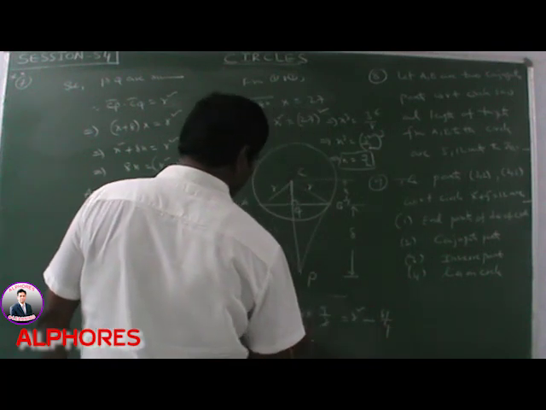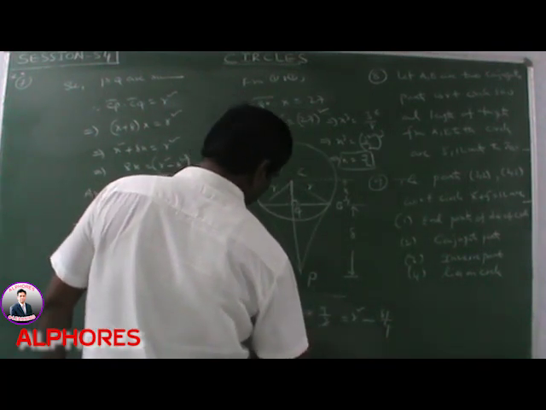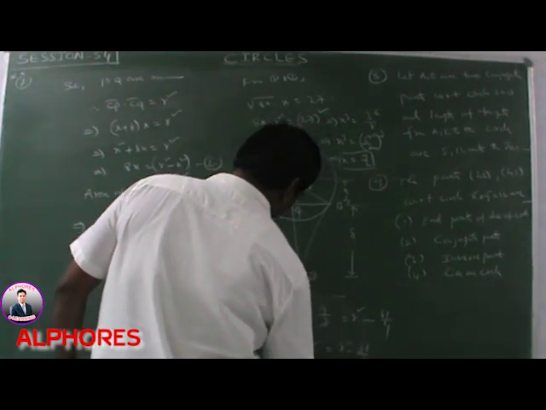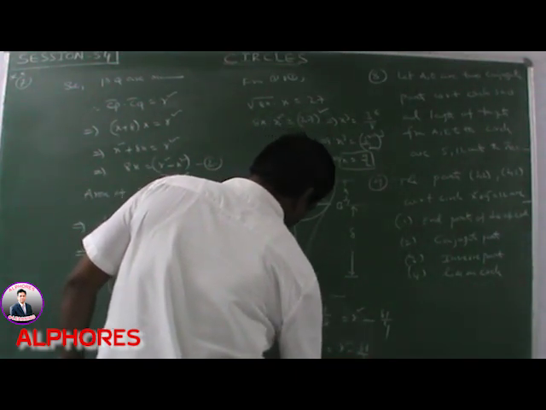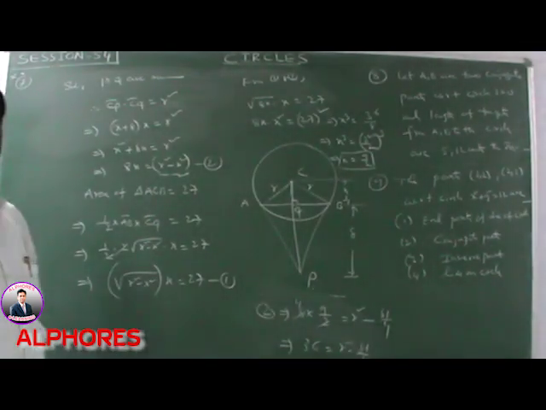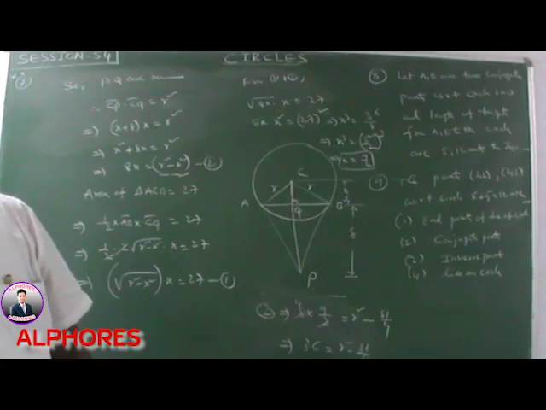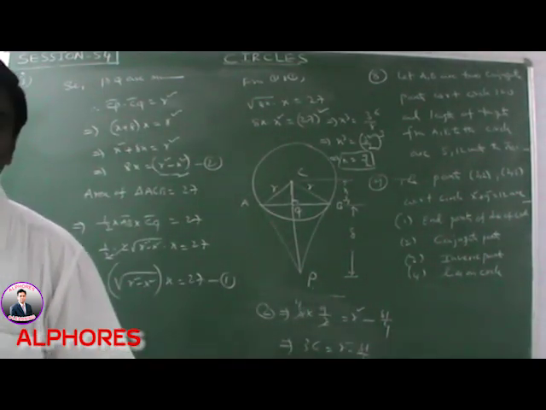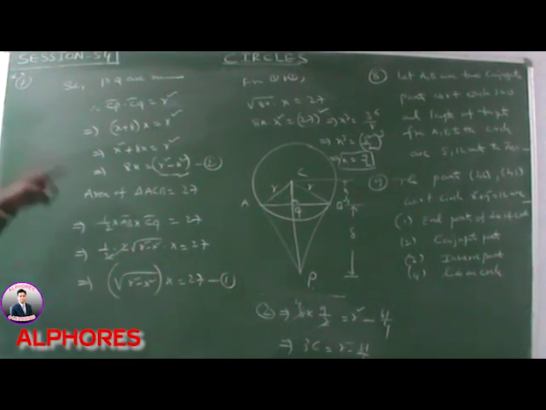Here in this case cancelled 4 times, 36 is equal to r square minus 81 by 4. r square is equal to 36 plus 81 by 4. Find the value of r. Here the required value is diameter. Therefore diameter is equal to 2r. Very, very important. Please note this diagram and solution.